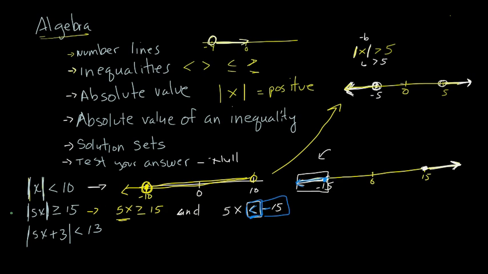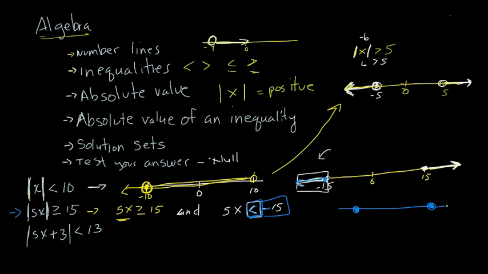When you have an inequality and an absolute value, you have to break it into two because you have two potential solution sets. It's one solution set, but two different places on the number line. They typically will show up either as an open circle around the number if it's not equal to, or closed if it is greater than or equal to, less than or equal to.